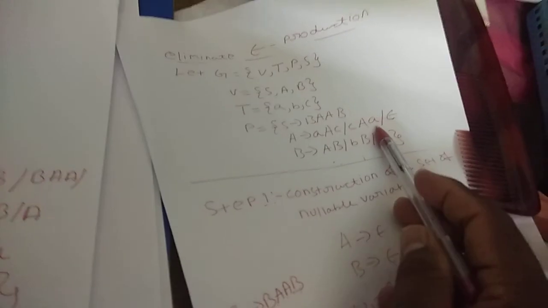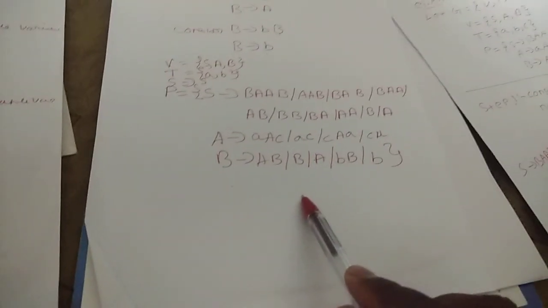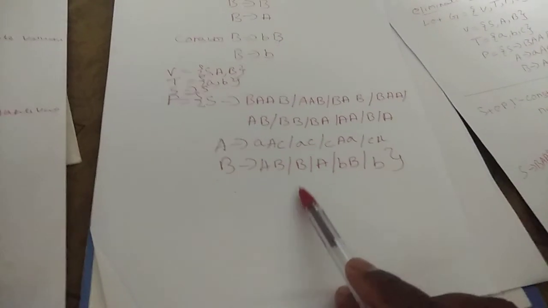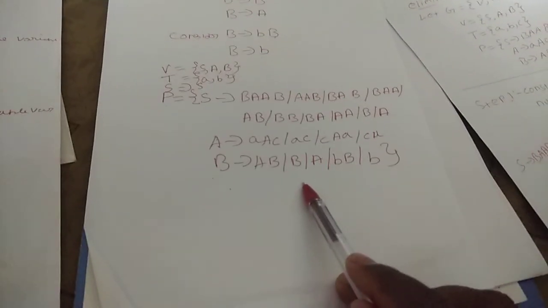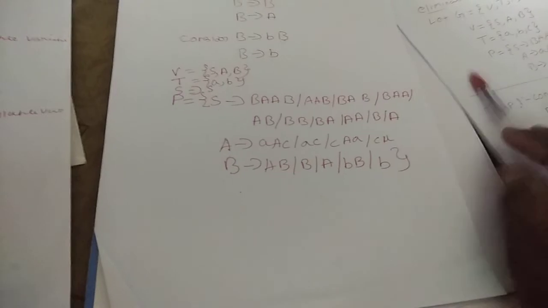We have eliminated epsilon from this CFG. Before, in that CFG, we had epsilon productions for A and B. We removed those epsilon productions. After removing epsilon productions, the grammar is this one. This is eliminating epsilon productions. Thank you.